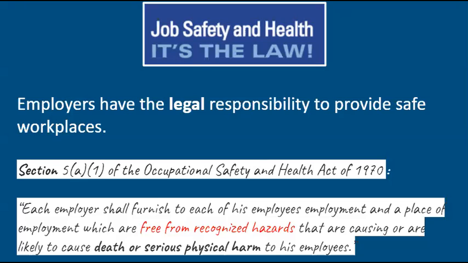This isn't just a nice idea, like, oh, it would be nice if they could do something for their employees. No, this is actually the law, and we know COVID-19 is absolutely a recognized hazard, and so employers have the legal responsibility. The flip side of that is that employees have a legal right to safe and healthy workplaces.